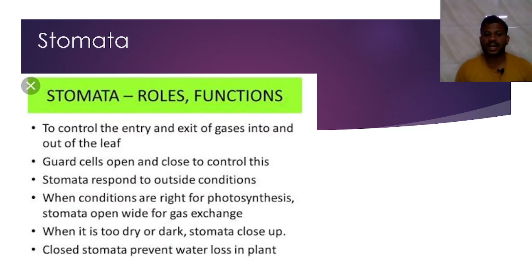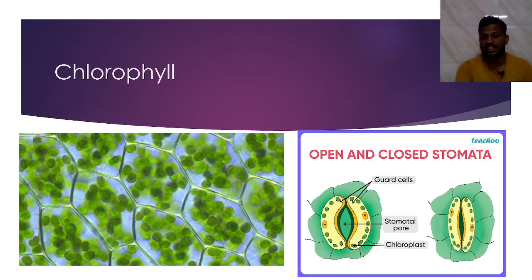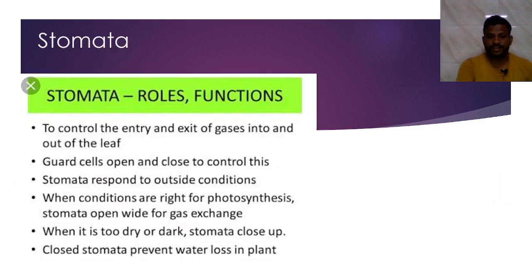Second point, the guard cells open and close to control this. It means they control the opening and closing of the stomata, as we saw before. Here we can see the guard cells. Guard cells control the opening and closing of a stomatal mouth.